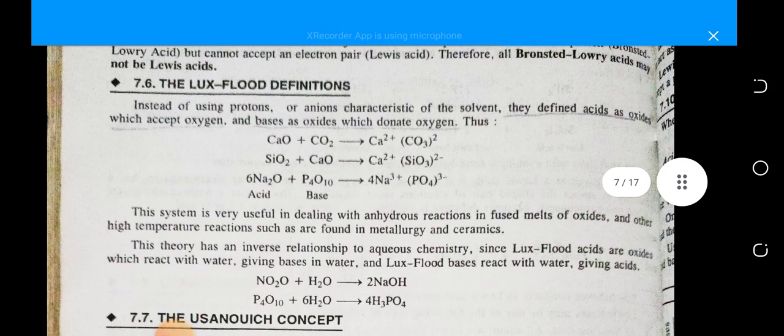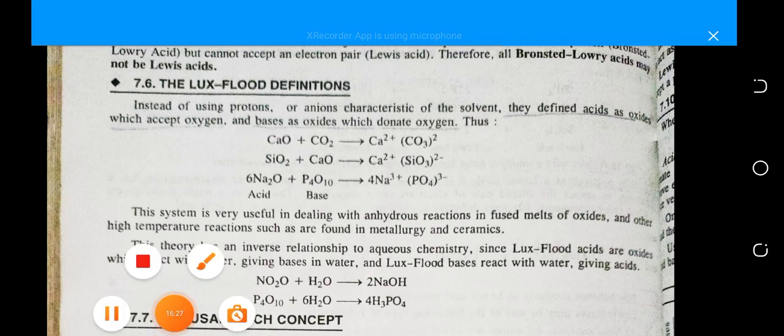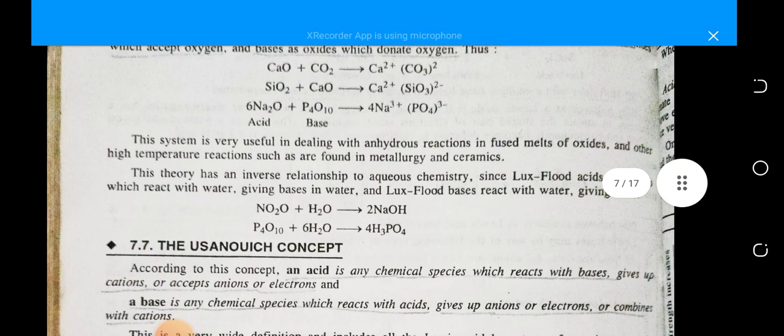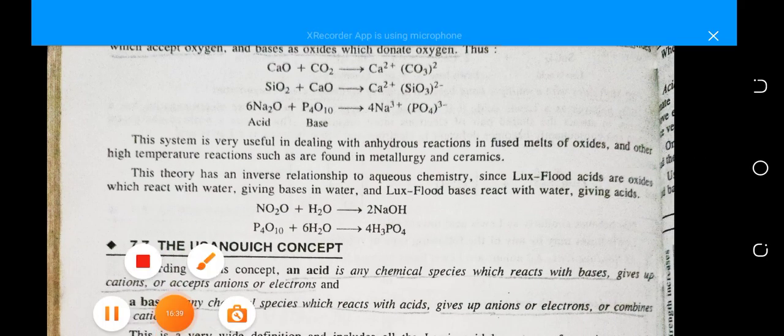The Lux-Flood definition. Instead of using protons and anion characteristics of the solvent, they defined an acid as an oxide which can accept oxygen, and a base as an oxide which can donate oxygen. This system is very useful in dealing with anhydrous reactions, fused melts of oxides and other high temperature reactions such as are found in metallurgy.